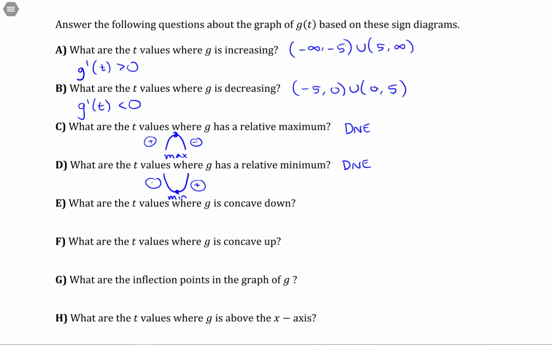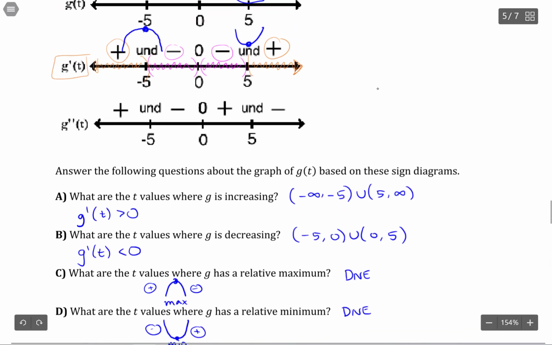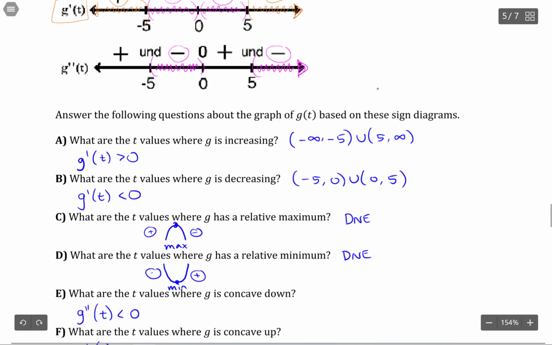What are the t-values where g is concave down? A function is concave down whenever its second derivative is less than 0, and concave up whenever its second derivative is greater than 0. So let's check the second derivative. For concave down, we have negative here and negative there. So we're concave down on this interval and on this interval, and that goes to infinity.